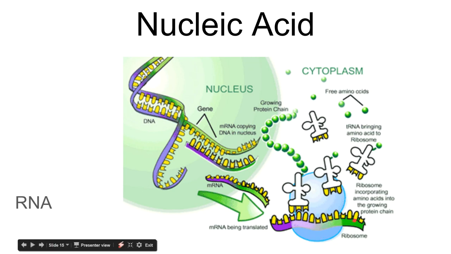At the ribosome, we read those letters of code on the messenger RNA. And then there's code on these little guys, which are transfer RNA. Again, this is all made out of nucleotides as well.